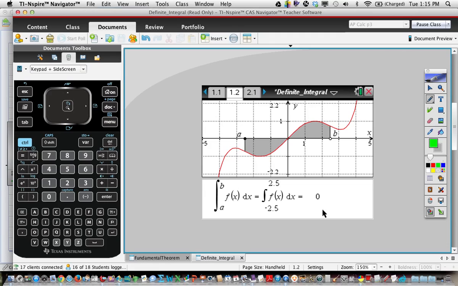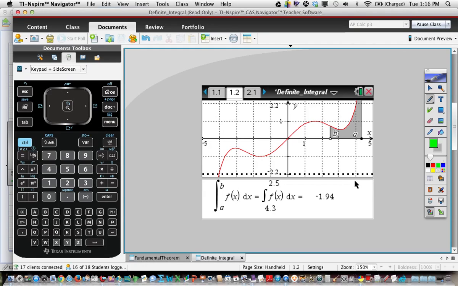All right, now let's bring that A all the way over here past the B. Now again, I told you that with normal integrals, the integral from A to B, the A is to the left of the B. The bottom number is smaller than the top number.